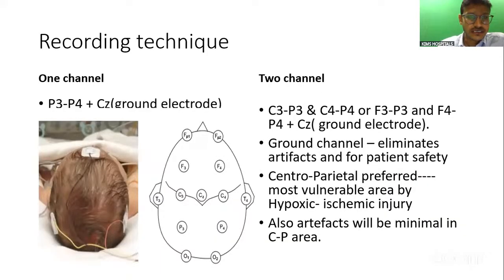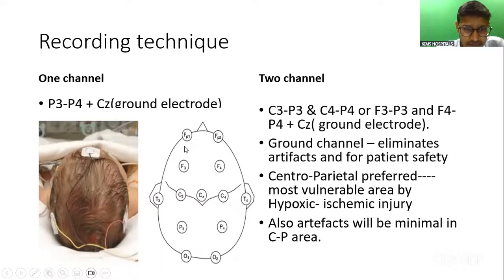Coming to the recording technique, amplitude EEG can be recorded by either one channel or two channels. Two channels is the most commonly used recording technique. In the schematic diagram, you see the nasion, the occipital, and the left and right external auditory meatus.